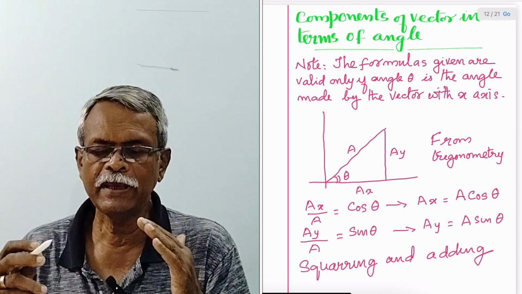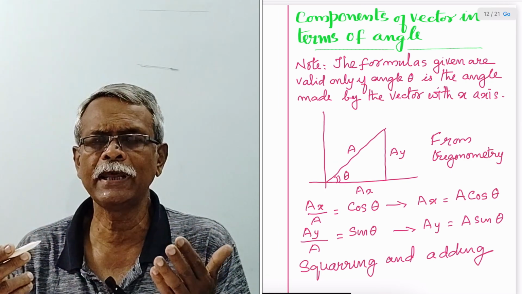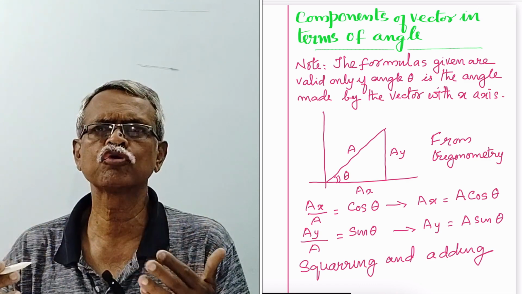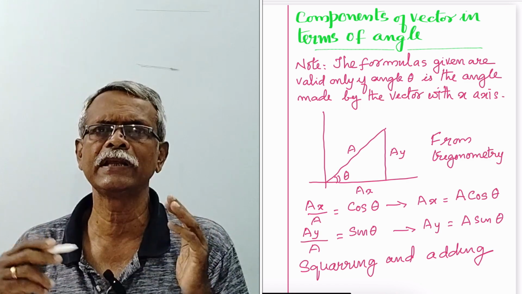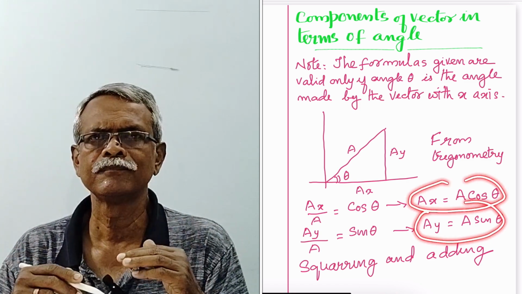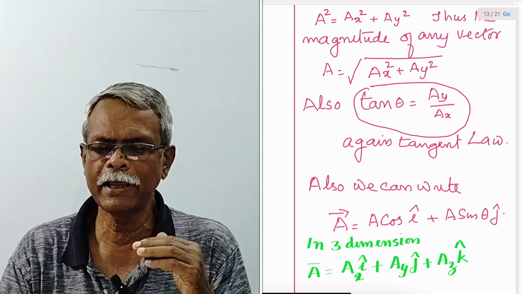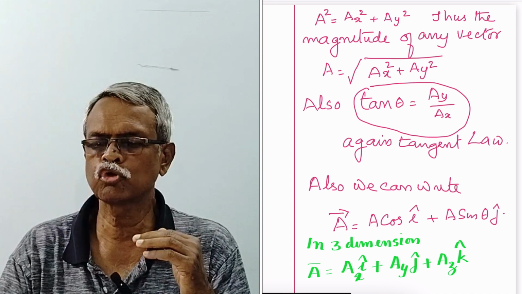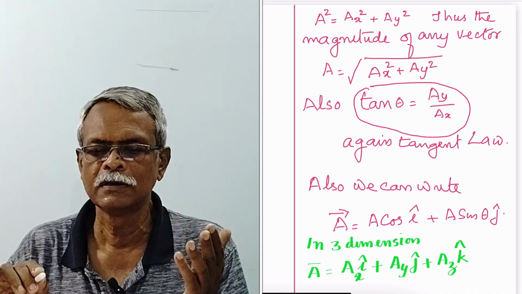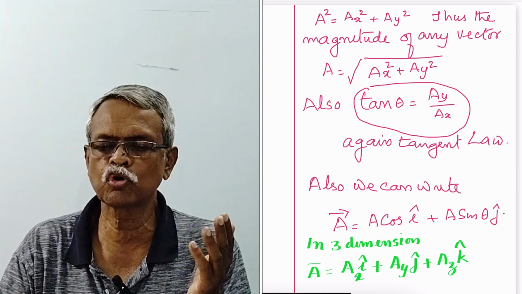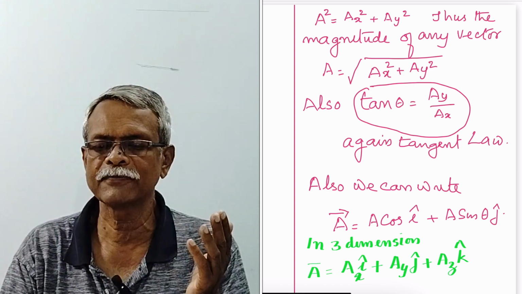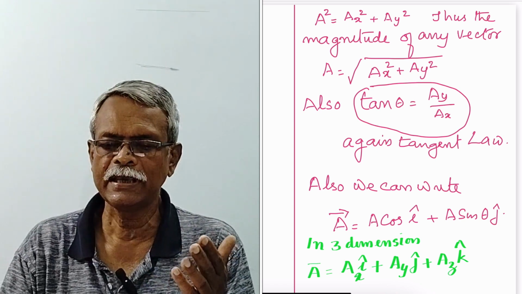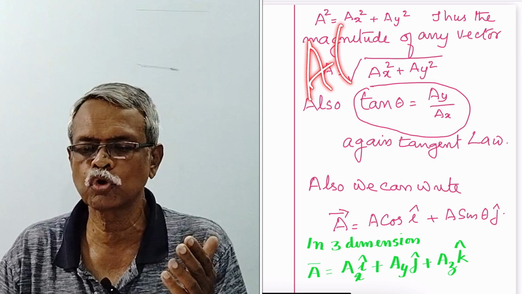So we square ax to obtain a square cos square theta, and ay square as a square sin square theta. Add them together, that will become a square multiplied by cos square theta plus sin square theta, which is 1. Therefore, a square can be written as ax square plus ay square, and so a is equal to the square root of ax square plus ay square.